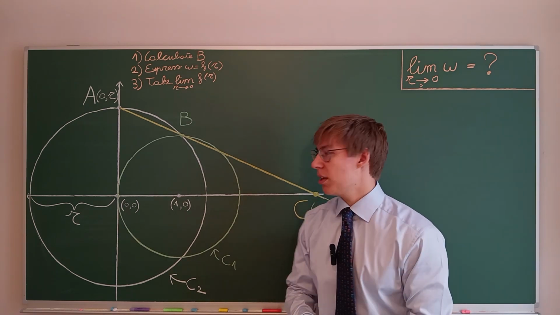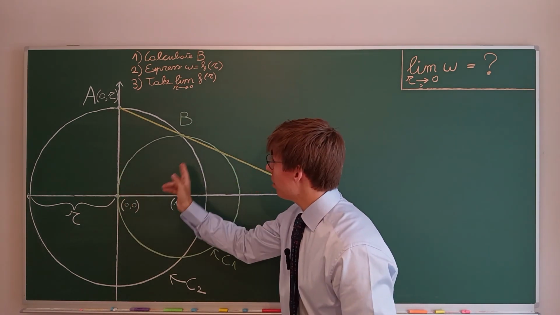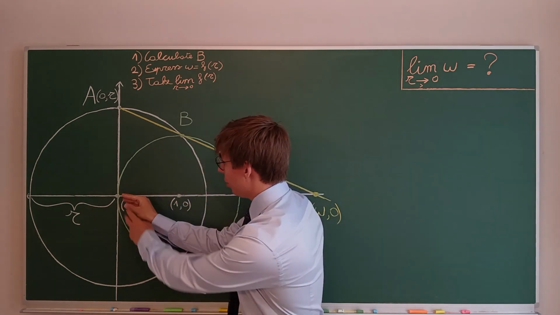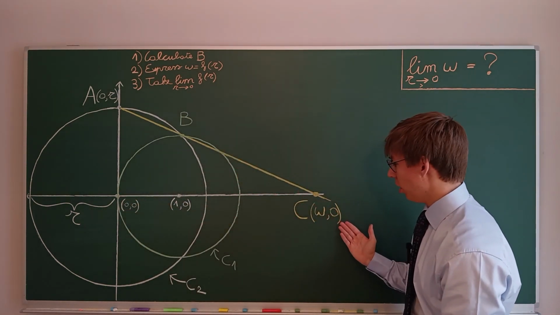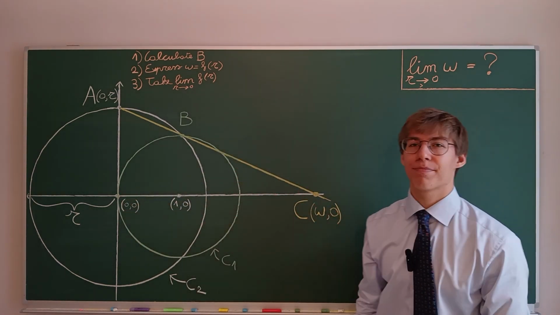And the question is, if r goes to 0, so this white circle shrinks to the origin, what will happen to the limit of this point?